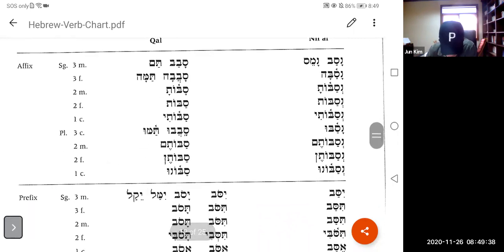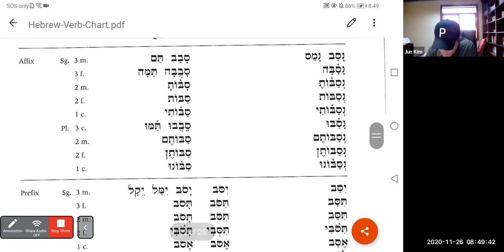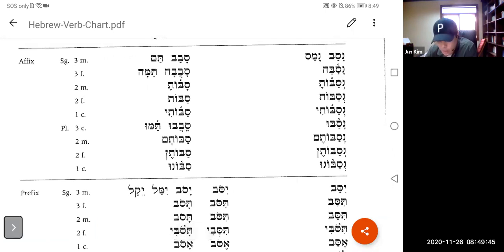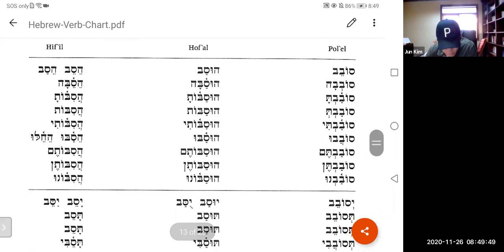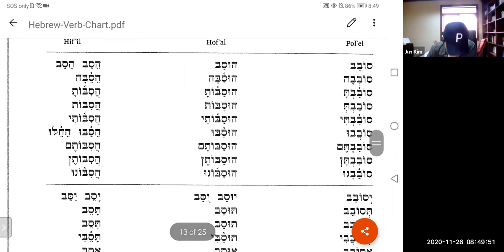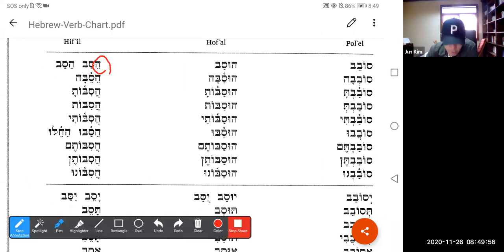Now you can see it takes preformative noun and then different types of vowel pointing under it. So just try to be familiar with this. Let me move on to Hiphil. Now, what can you see here in terms of preformative? Do you still remember the case that we have the preformative he together with tsere? And then you can see the tsere, tsere, tsere, tsere, and this composite shewa. When was that?